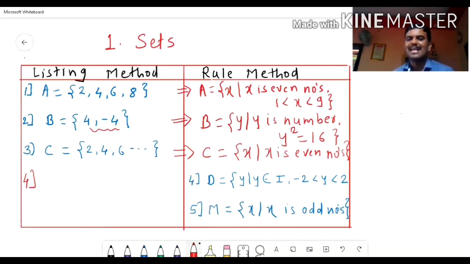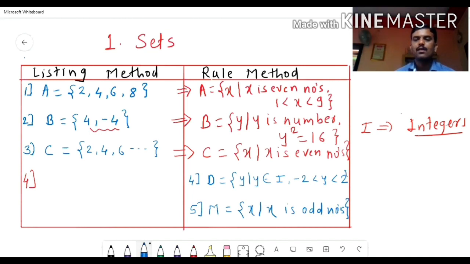Fourth example. What is here? D is equal to {y such that y is an element of I}. I means what? I means the integers. Integers means positive and negative numbers including 0. And what range is given here? Look here.